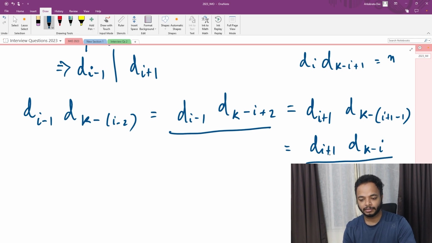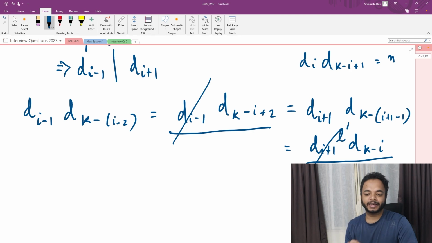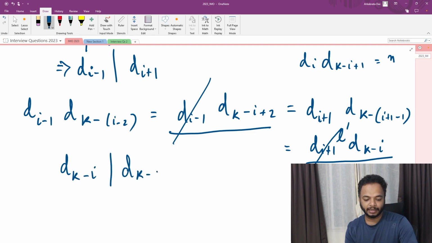We know that d(i-1) divides d(i+1). So suppose this quotient is L'. So we are getting d(k-i) times L' is equal to d(k-i+2). So from there I am getting that d(k-i) divides d(k-i+2).